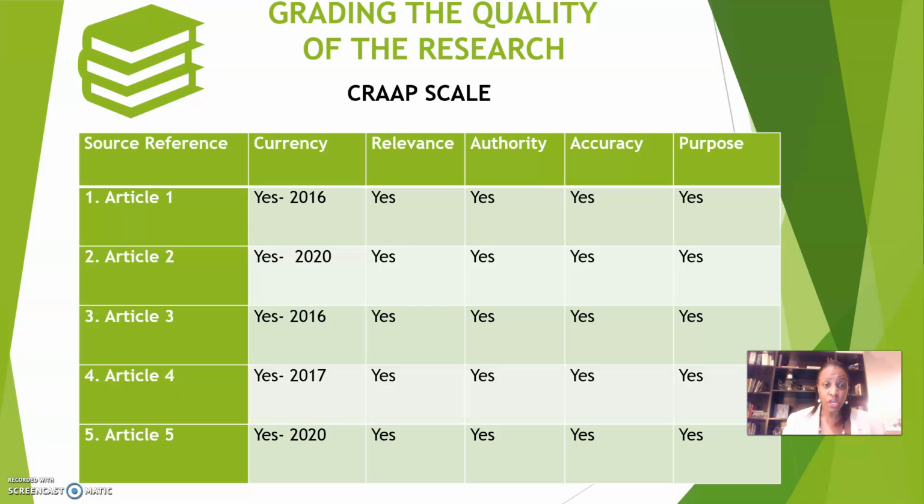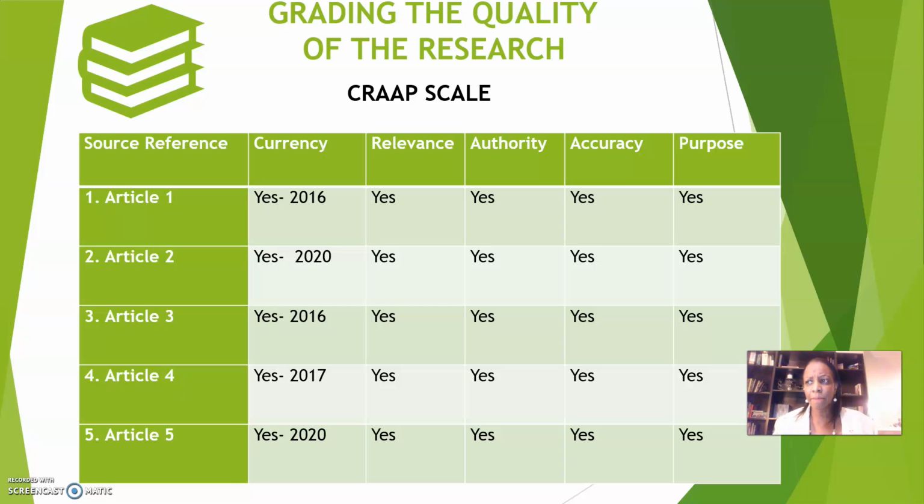All resources were current within a 5-year period. As you can see, Article 1 was dated 2016, Article 2 was 2020, Article 3 was 2016, Article 4 was written in the year of 2017, and Article 5 being our most recent in 2020.